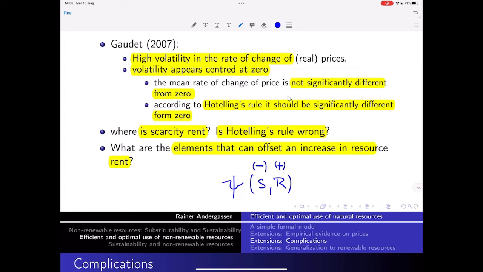But if the price is sufficiently high, it becomes profitable to do so, or if extraction costs go down. Before you had a smaller amount of the resource, but as the price increases, you have an increase in supply. And if you have an increase in supply, we know that the price drops.